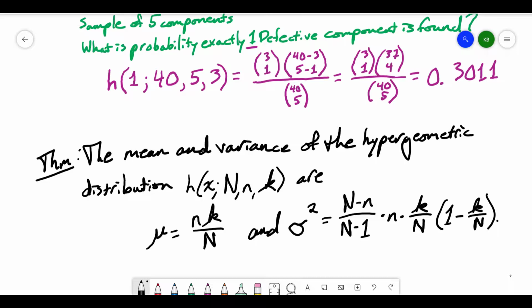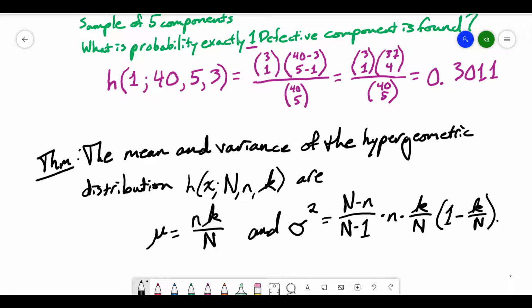And now I also have the mean and the variance of the hypergeometric distribution. For finding the mean, I'm going to take my lowercase n value, multiply it by my k value, and divide it by my capital N value. And for my variance, I have to do a little bit more.